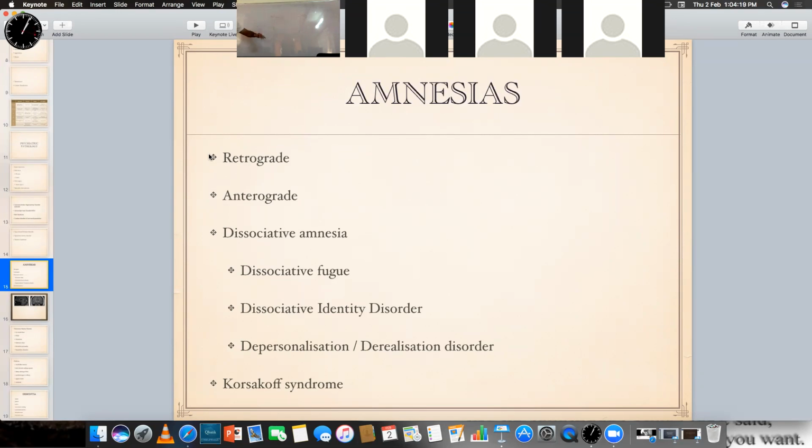In amnesia, there's partial loss of memory, and it's like a vacuum. There's amnesia for this period. You know nothing about what happened between, say, 2000 and 2010. You know nothing between this period, where you were or what you were doing.